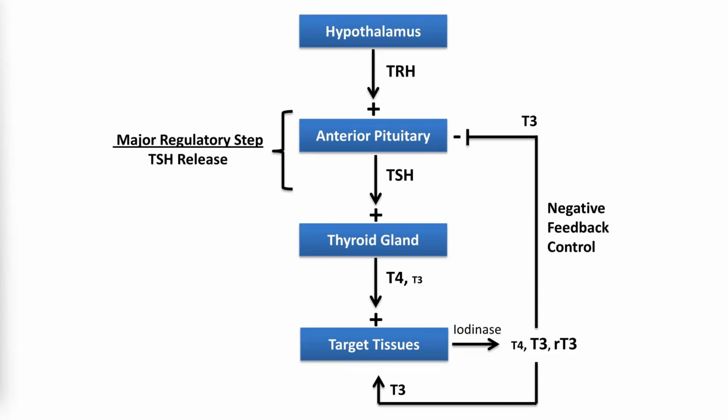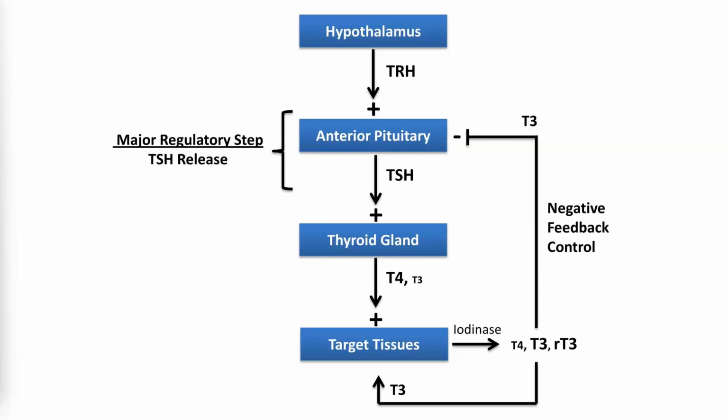When we start with the thyroid here, we start over here with the hypothalamus. The hypothalamus releases TRH, thyrotropin releasing hormone, which then stimulates the anterior pituitary to release TSH. After TSH is released, it triggers the release of T4 and T3 from the thyroid gland.